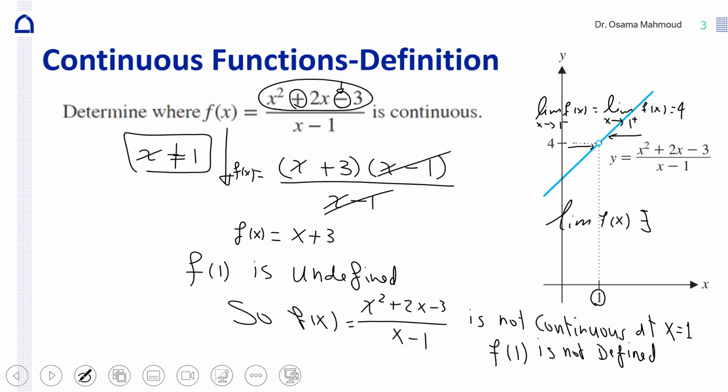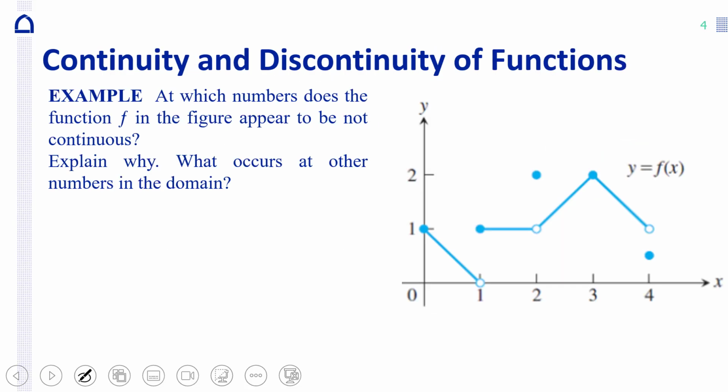If we plug in x equal to 1, the value of f(1) is undefined, because we're dividing by 0, which gives us an undefined value.